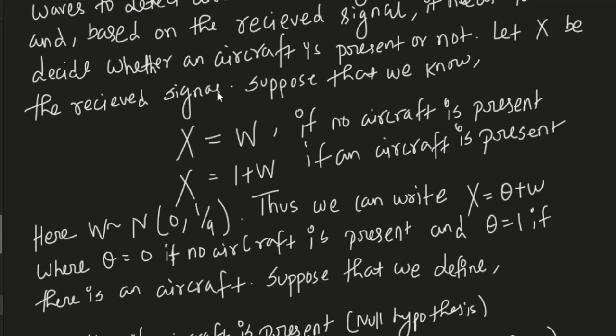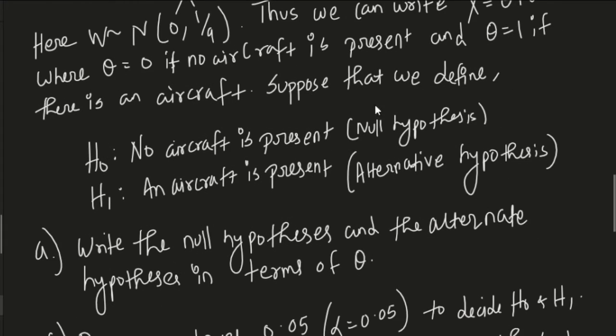Thus, we can write X equals theta plus W. We're just trying to introduce a parameter, and you would notice that if theta is 0, then X is basically W, which means there is no aircraft present, and if theta is 1, it means there is an aircraft present, and we can write X is 1 plus W. Now suppose that we define the null hypothesis H naught as no aircraft is present, while the alternative hypothesis H1 as an aircraft is present.